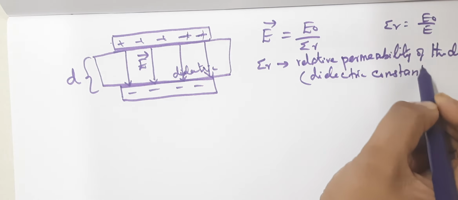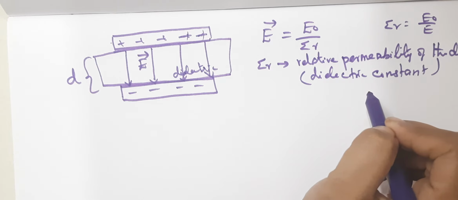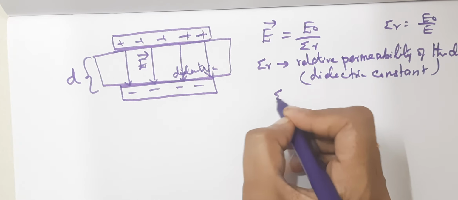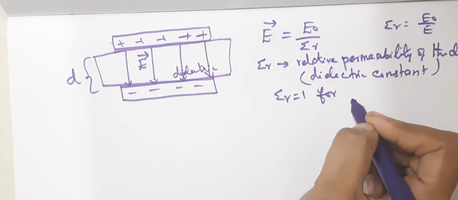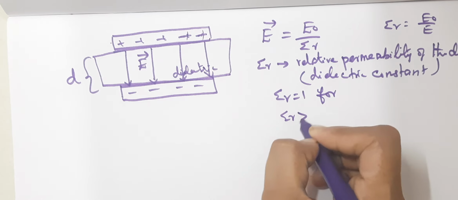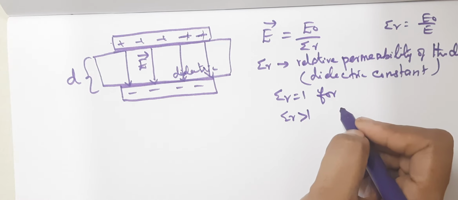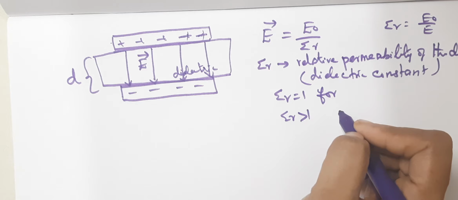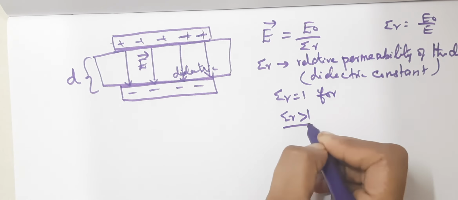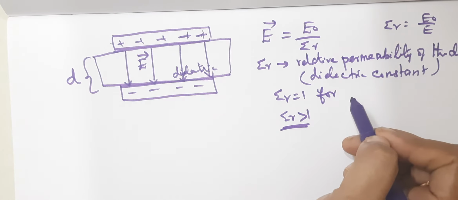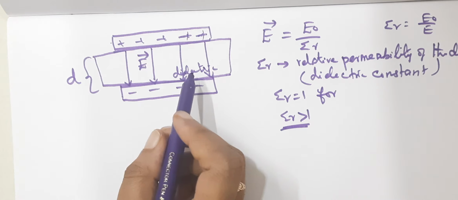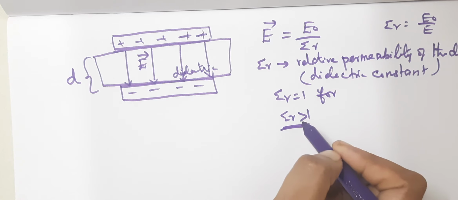This dielectric constant epsilon r equals 1 for air or vacuum, and it will be greater than 1 for a dielectric, since the dielectric is a medium.